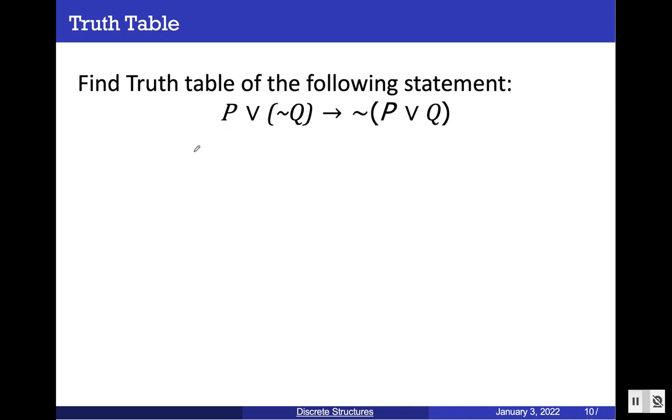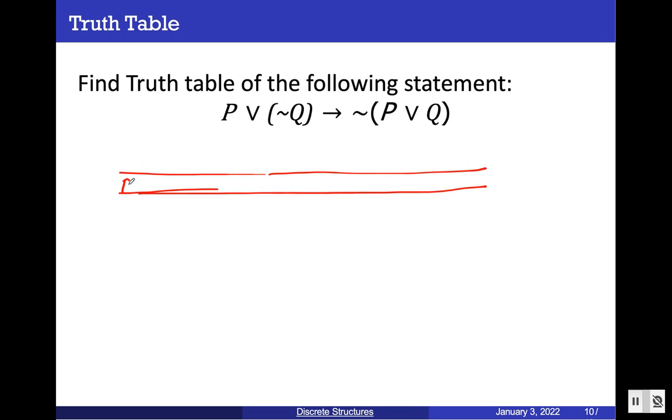We have P and Q, so we are going to consider all the combinations of P and Q. This is a comparatively complex statement, so we are going to need many more columns. First we consider all the combinations of P and Q. P can be true, and with true, Q can be true or false.